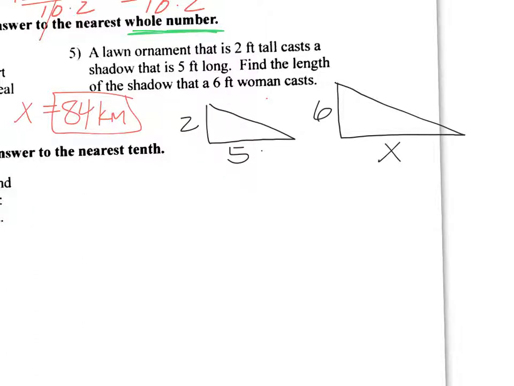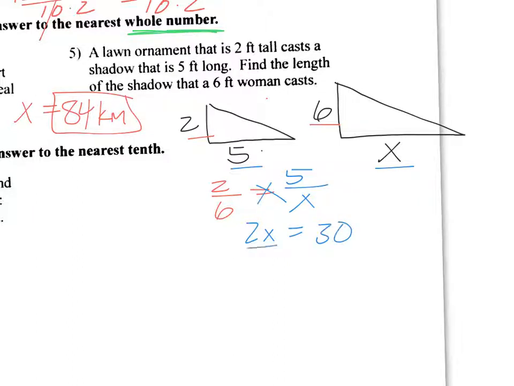Then we do 2 over 6 has to equal 5 over x. Cross multiply. 2x equals 30. Divide by 2, and we get x is 15. Remember our units, 15-foot shadow.